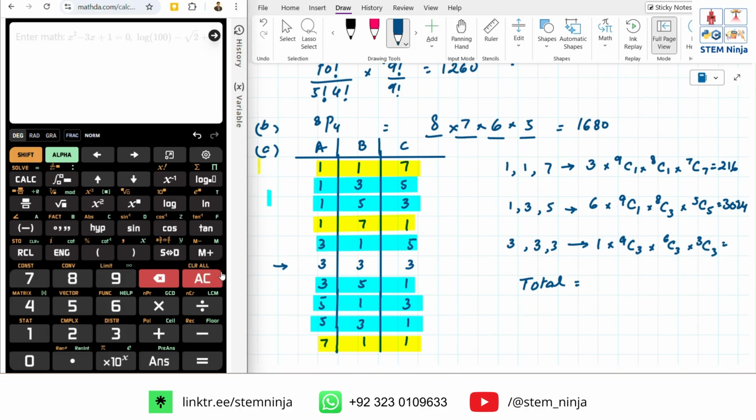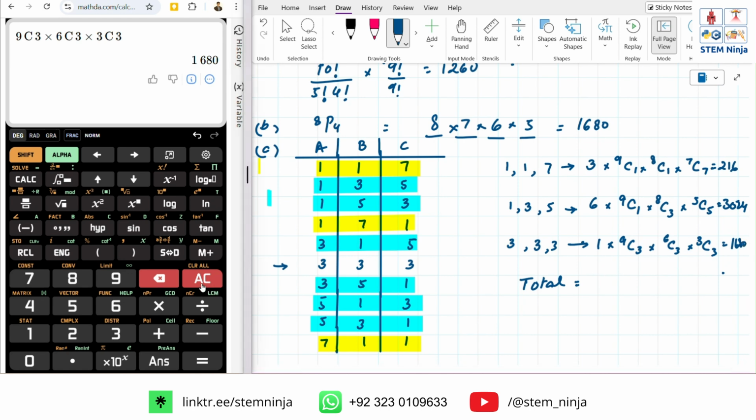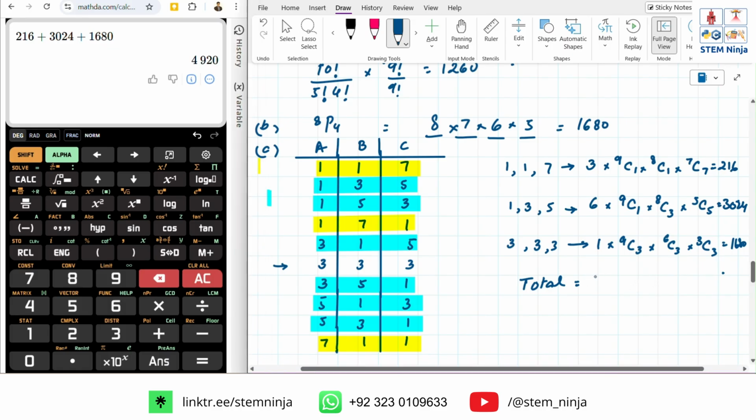And this one would be 9C3 times 6C3 times 3C3. So this is 1680. So we just need to add these together. So 216 plus 3024 plus 1680, 4930.